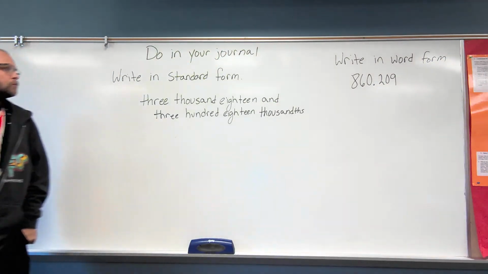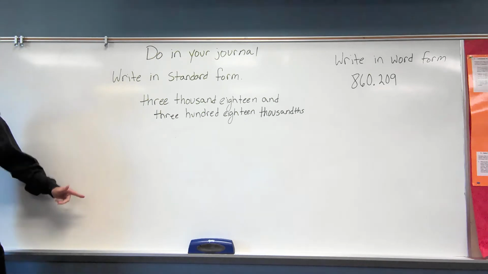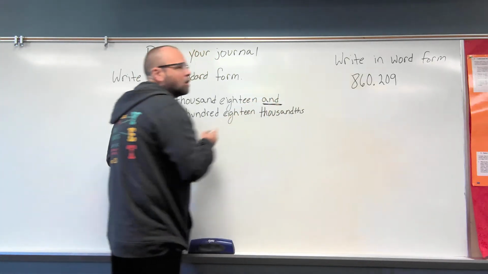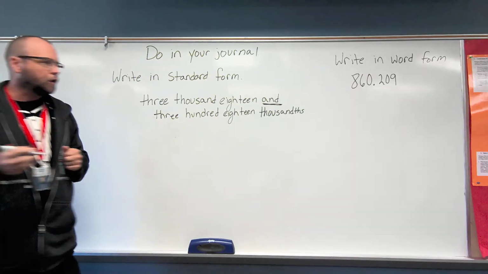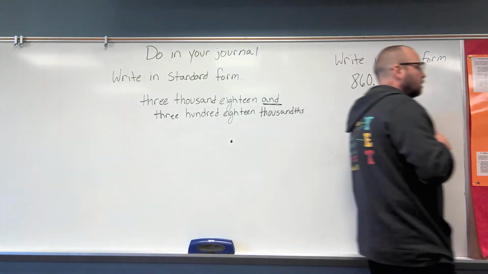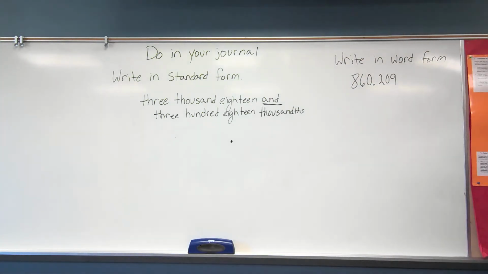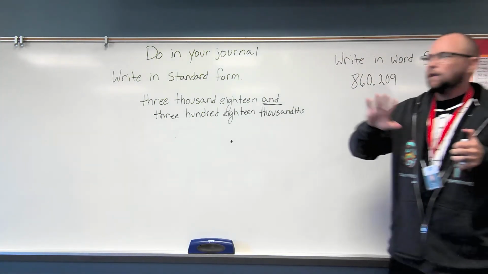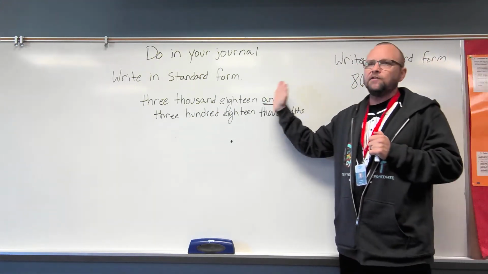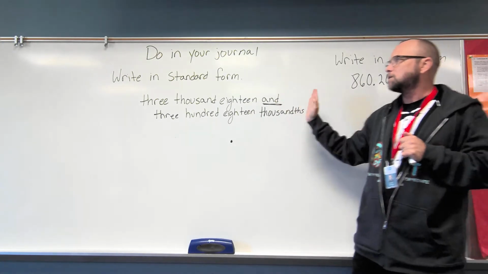All right, so we have this in word form, 3,018 and 318 thousandths. So here's our "and." That tells us we are going to have a decimal point in this number. Now I'm just going to look at the information in front of the "and."